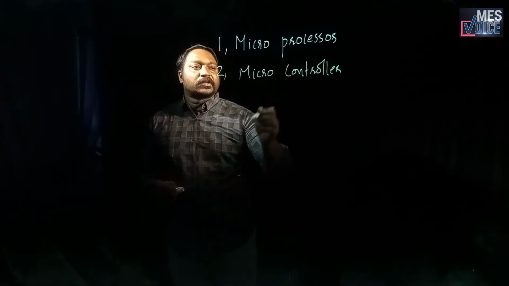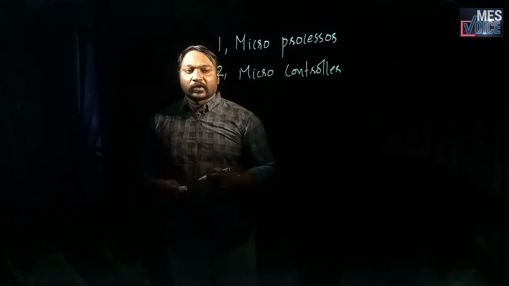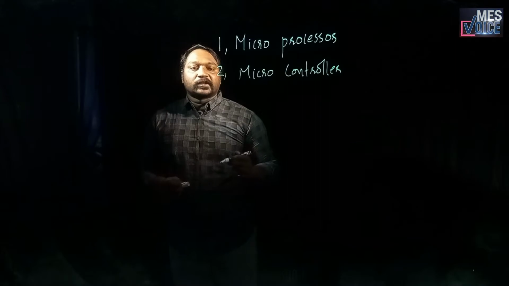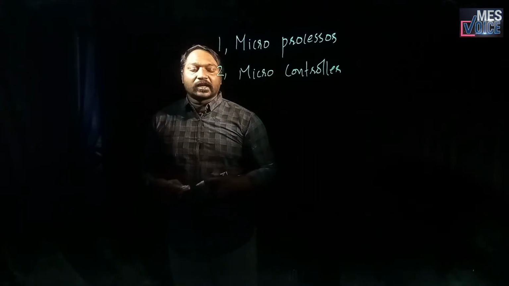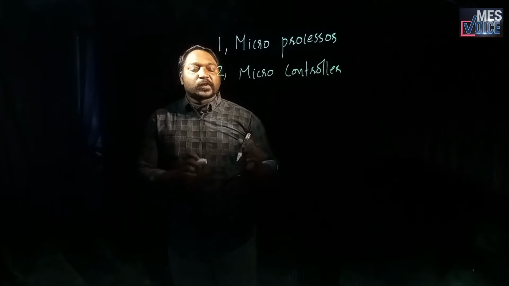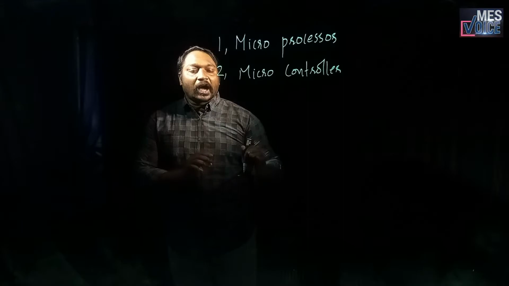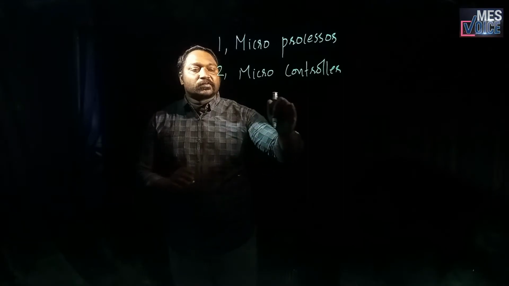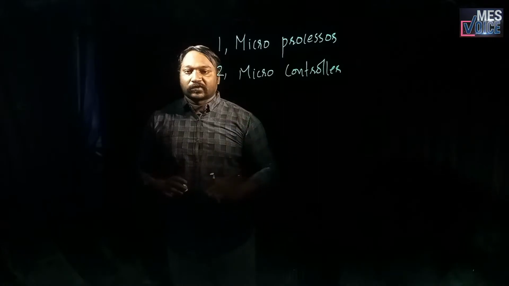What is the difference between general purpose and dedicated purpose? In a dedicated purpose, the microcontroller is an integrated device that can run for a special purpose only. We cannot do another function using this microcontroller that is programmed for a special purpose.